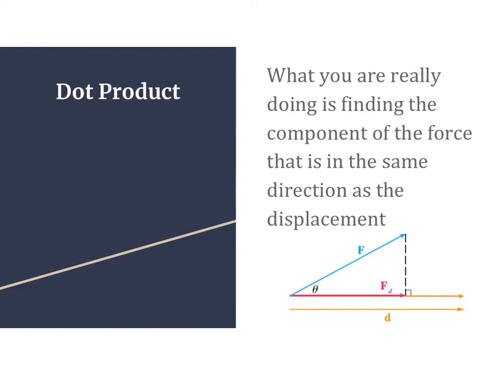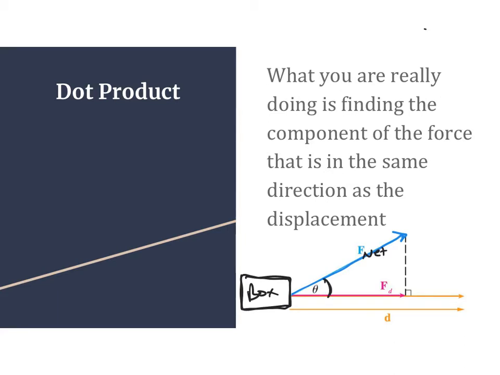Now, if we take a look at what this ultimately means, if I have some force that's being exerted at some angle, that's our blue line here. Imagine that we're dragging a box across some surface, and this is a rope that's tied to that box. Or you're pulling a wagon, and you've got the handle of the wagon up at some angle. The net force is along this blue line.